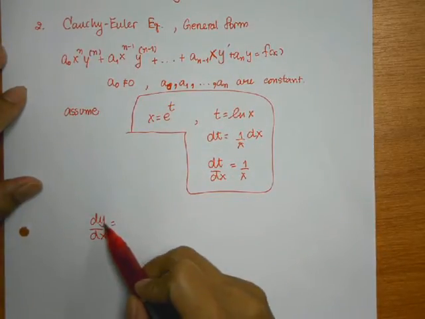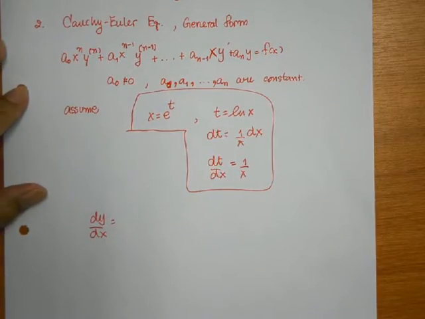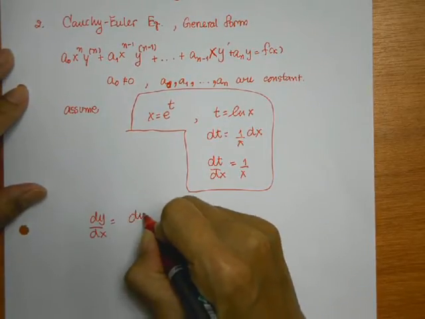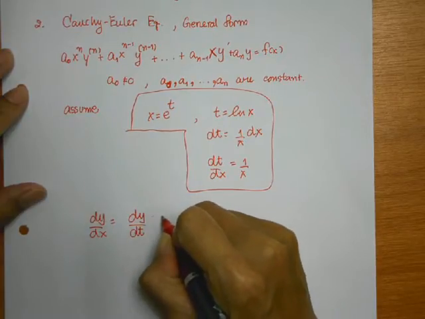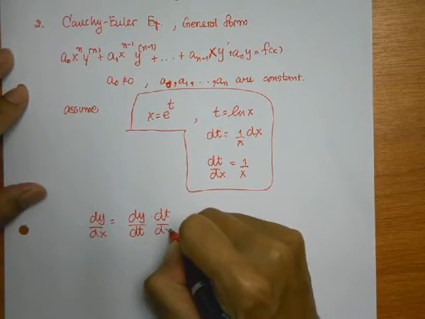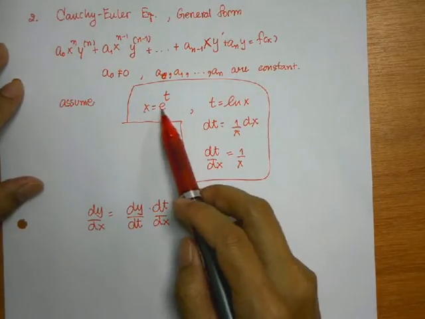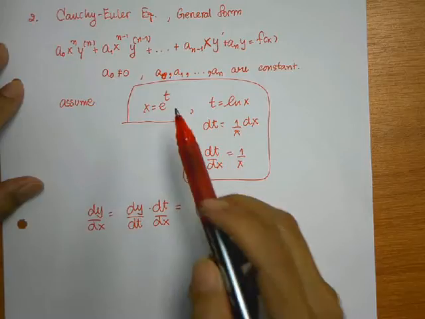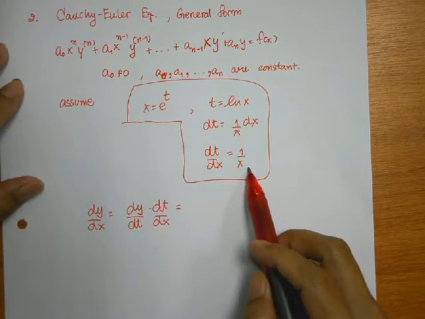Now, you have dy by dx. I'm going to use the chain rule. dy by dx is equal to dy by dt times dt by dx. And you know from our assumption, we've got dt by dx is equal to 1 over x.